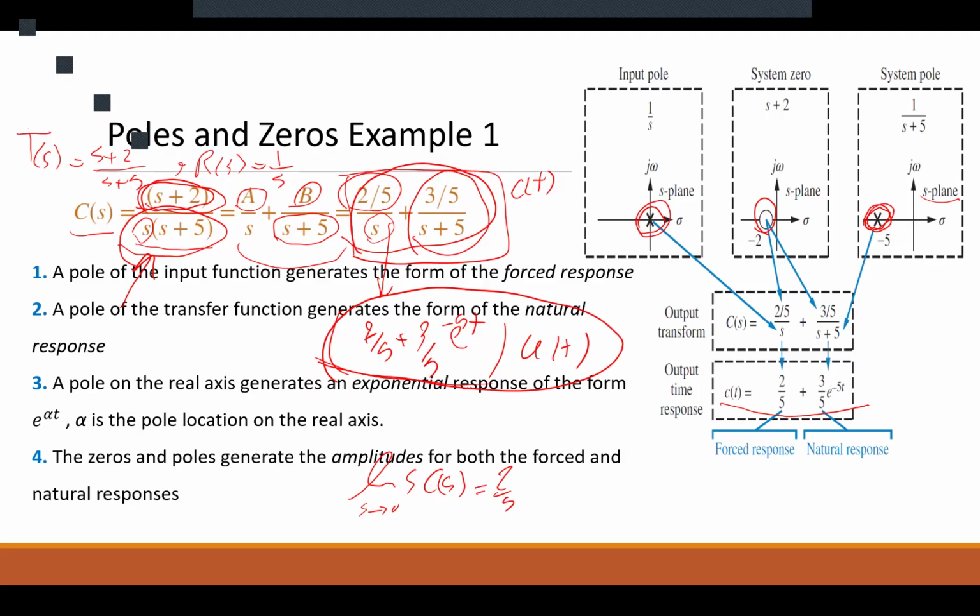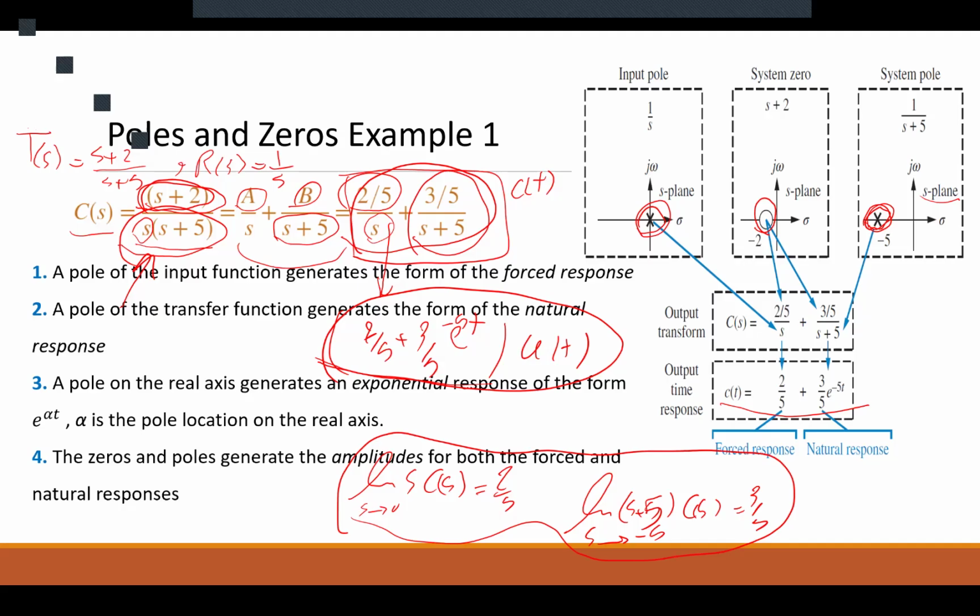And for the other pole, the coefficient is going to be the limit of s plus 5 times C(s) when s goes to -5. Are we good? If you put the numbers in, it is going to be 3/5. So using this formulation, we can find the coefficients.